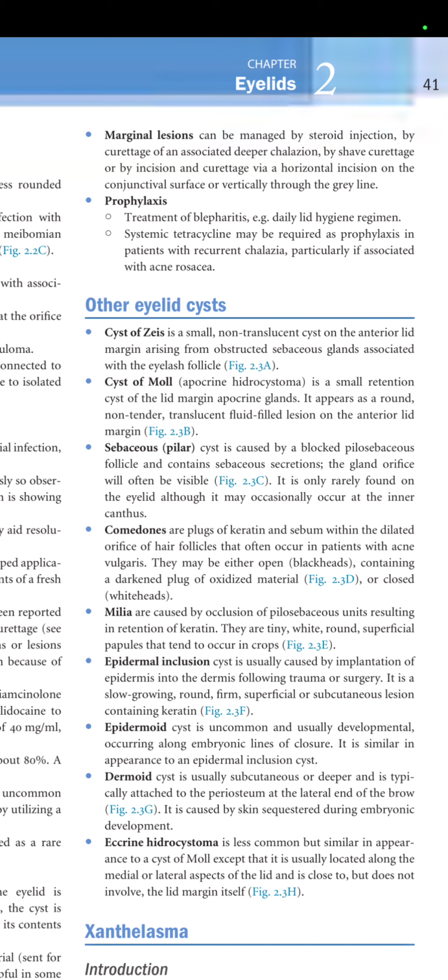Marginal lesions can be managed by steroid injection, by curettage of an associated deeper chalazion, by shave curettage, or by incision and curettage, by a horizontal incision on the conjunctival surface, or vertically through the grey line. So this is somewhat different. Marginal lesions are the chalazia which are very close to the eyelid margin.